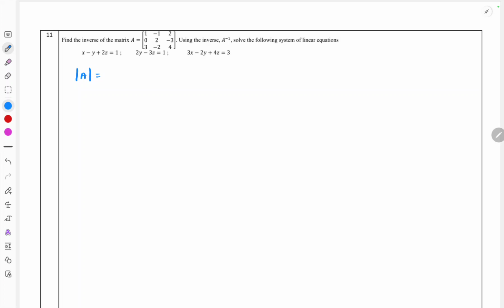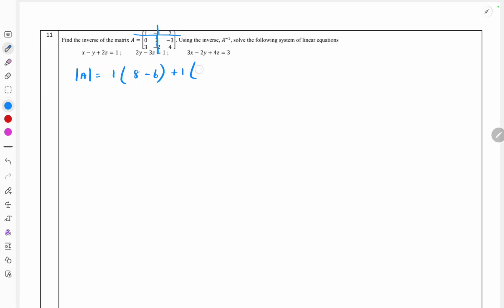So determinant of A will be equal to 1 into 2 4s are 8 minus 3 into minus 2 is plus 6. Next this sign we have to change, minus of minus 1 is plus 1. Then delete the row and the column in which minus 1 is present.